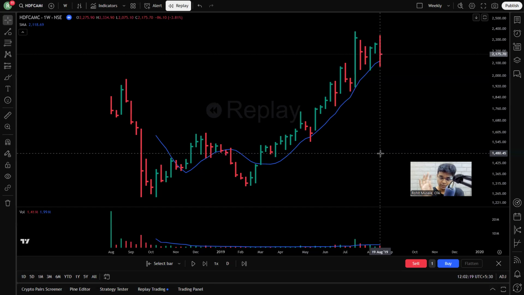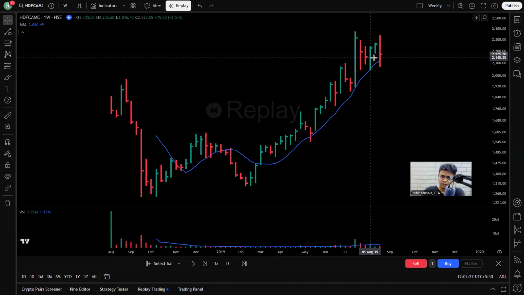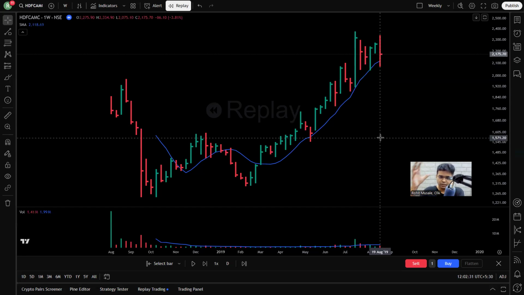The fourth part in the definition of flat base is he says that it is 5 to 6 weeks or more. So 1, 2, 3, 4, 5 weeks. So all the criteria given in William O'Neill's book about flat base are being met here, which is what we just discussed.